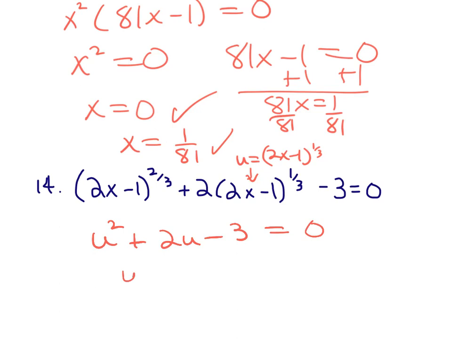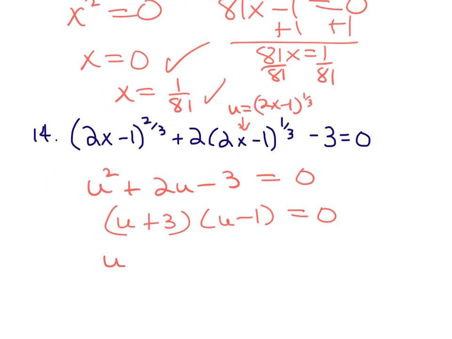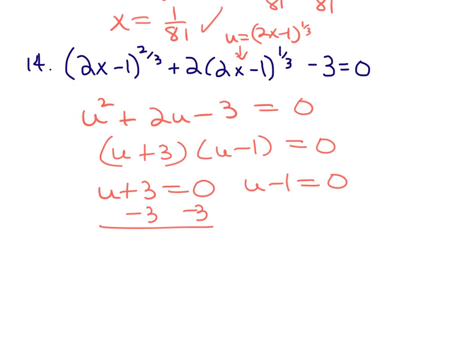I can factor this into u plus 3, u minus 1. Going to solve for u. Set each factor equal to 0. Okay, so we're going to subtract the 3, add the 1.